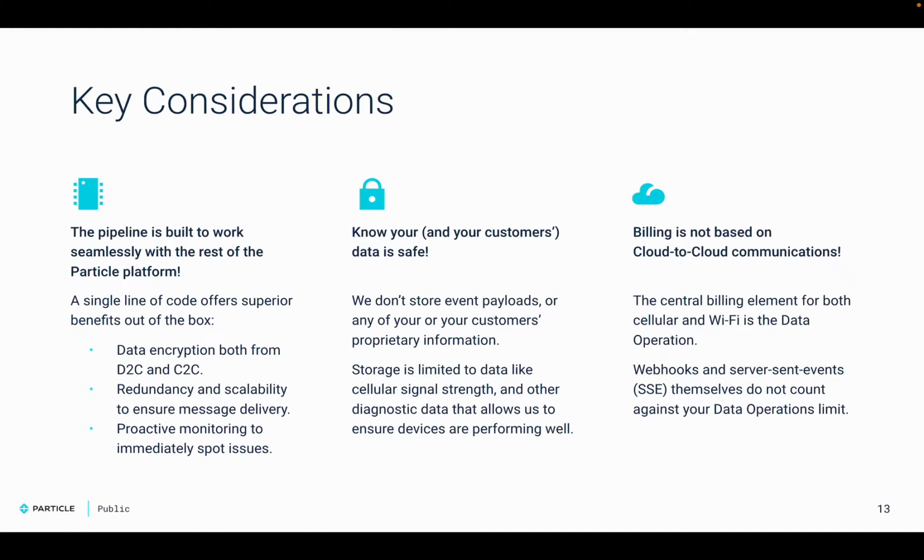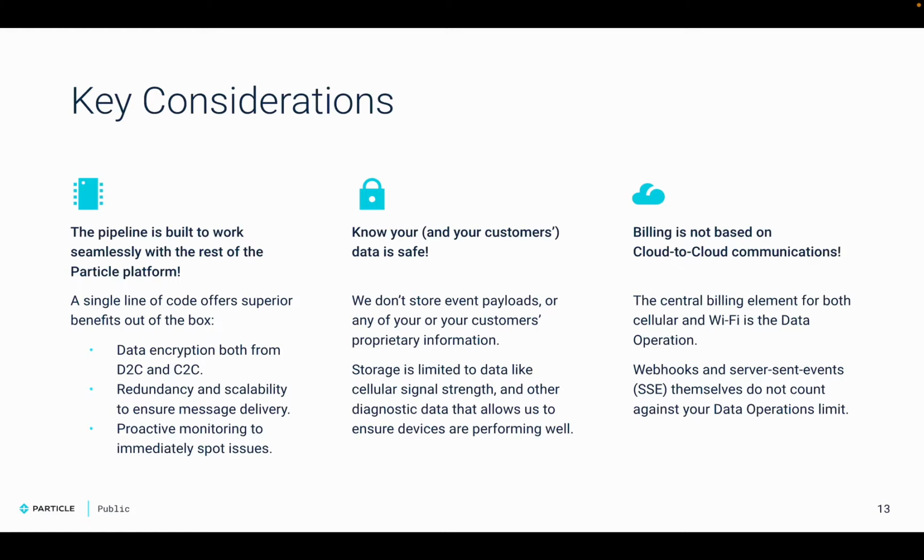To conclude, I want to mention a few things to keep in mind regarding our data pipeline. A single line of code gives you a reliable and secure bidirectional mechanism to funnel data in and out of your tools. Not having to worry about this is a major benefit as you focus on your business logic. We don't store your payloads, we merely route them to your systems.